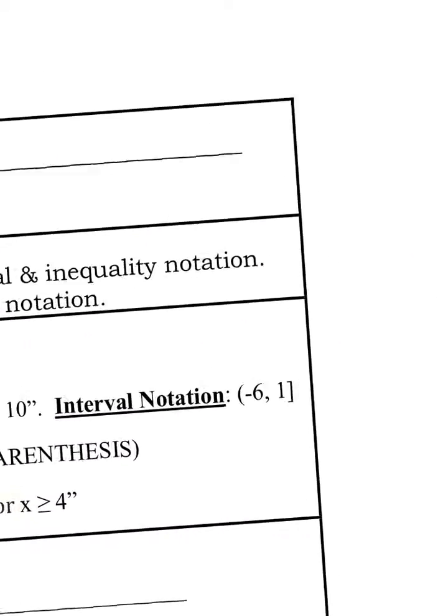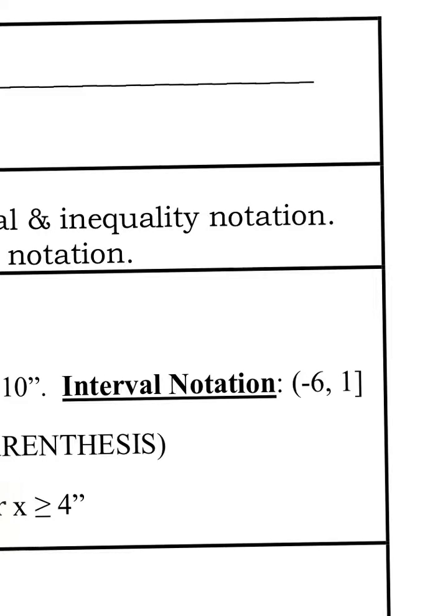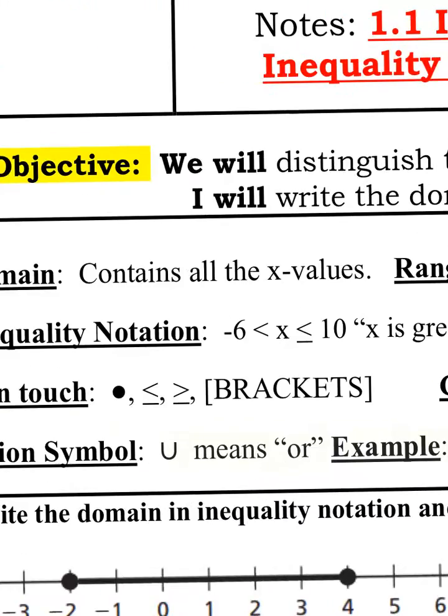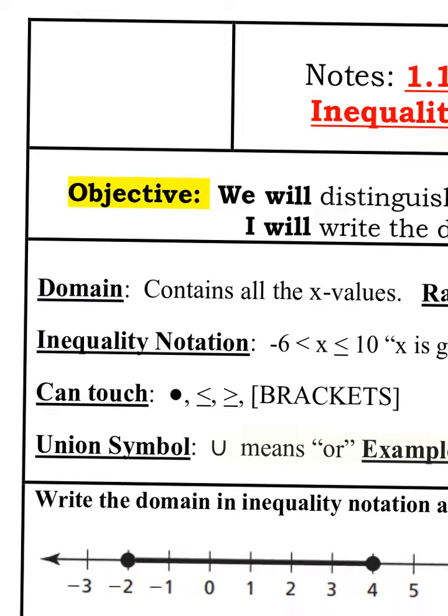Now, for interval notation, instead of saying all that, you just have to say -6, 10. The important detail, though, is this parenthesis and this bracket. So what does the parenthesis and what does the bracket mean? Well, brackets mean you can touch. What I mean by can touch is you can touch that value. I can plug in 10 for x, because 10 is less than or equal to 10.